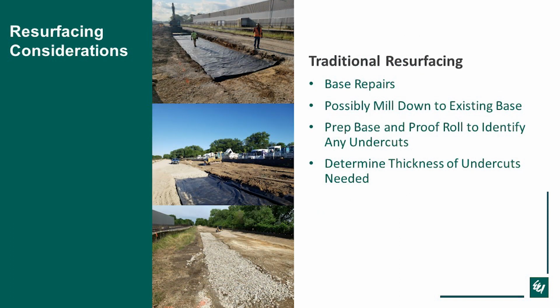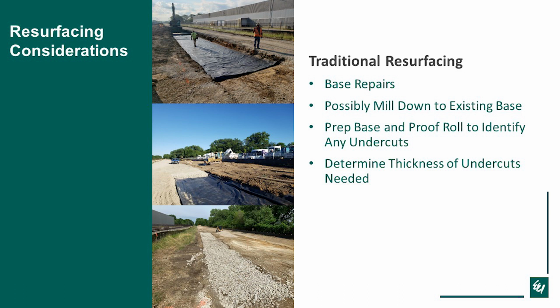Sometimes it is more cost effective to just mill all the way down to the existing stone and proof roll, do any undercuts, and resurface the road. So this would be one where maybe it was an existing road that was built that was only 2 or 3 inches of asphalt on 12 or 13 inches of stone, and you want to get 4 or 5 inches.